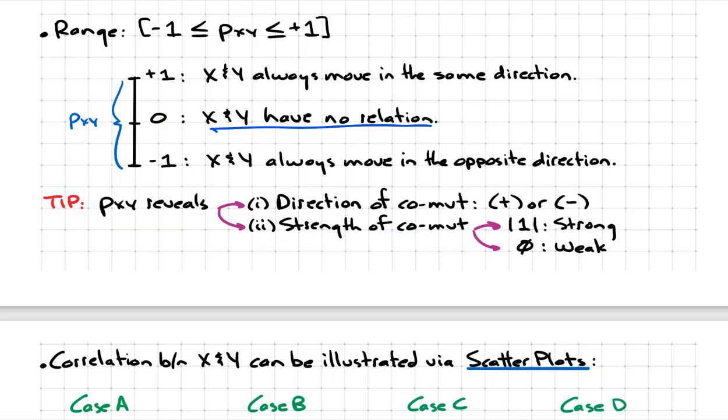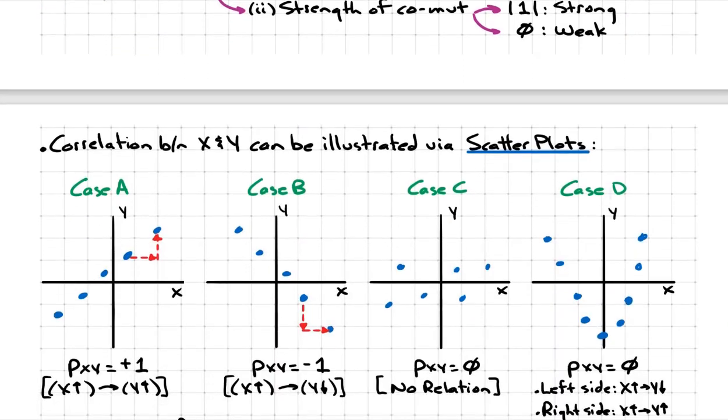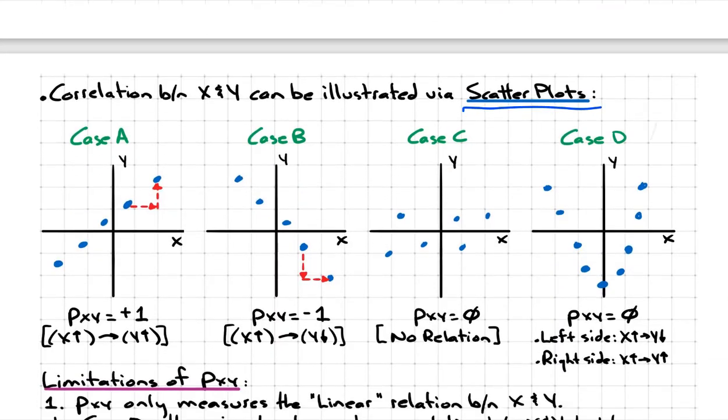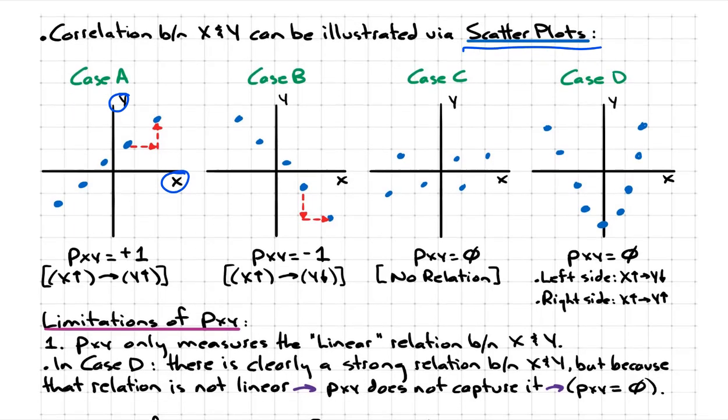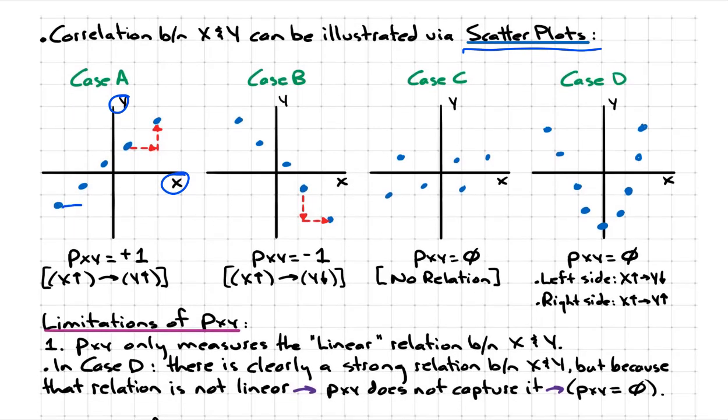Now, correlation can be illustrated using scatter plots. And what scatter plots are is as follows, ladies and gentlemen. It's just data points representing observations of X and Y. So let's look at case A. Let's just pick this dot and interpret it.